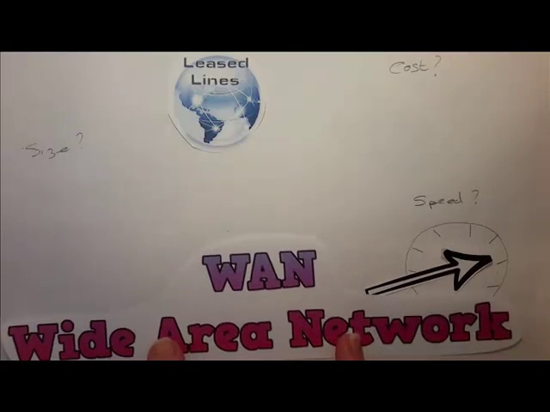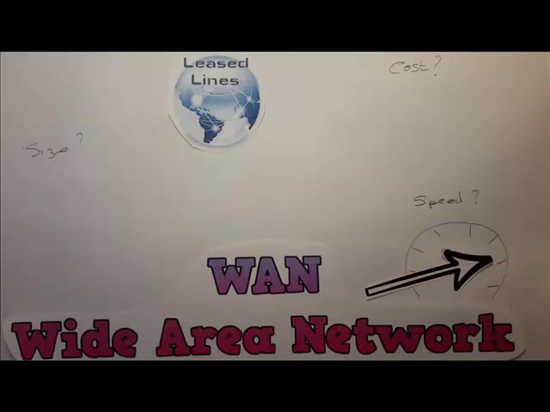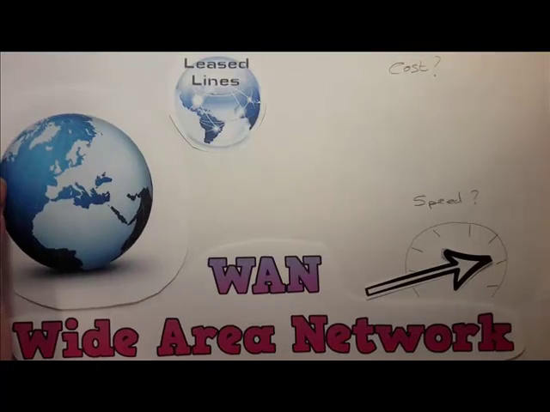Lastly, you need to know about the largest type of network, which is a wide area network, a WAN. A wide area network geographically can be the size of a country. It could also be the size of the whole world. So what media is used?